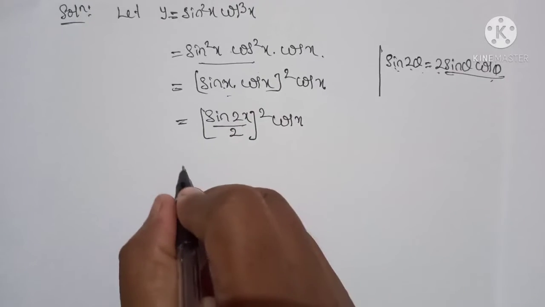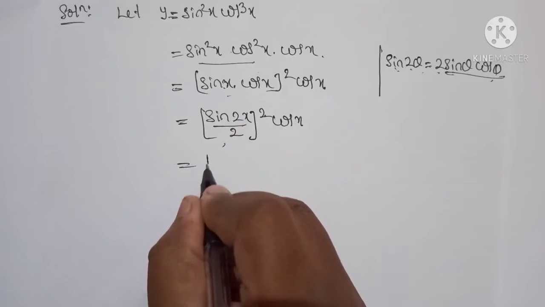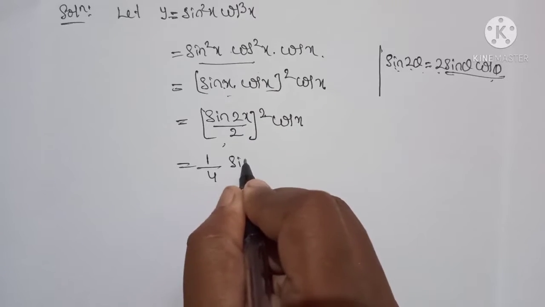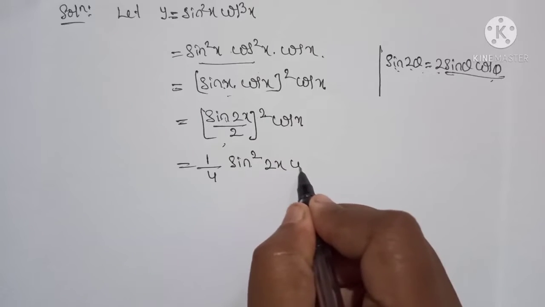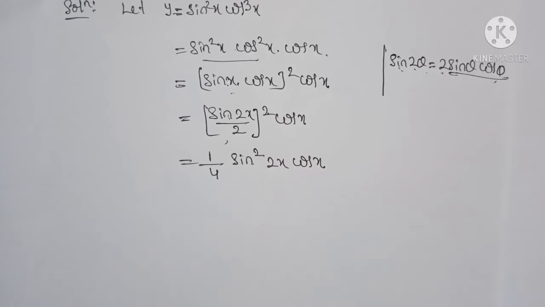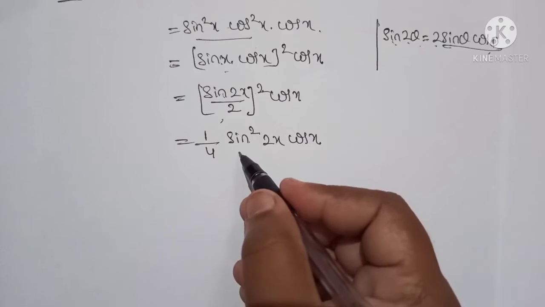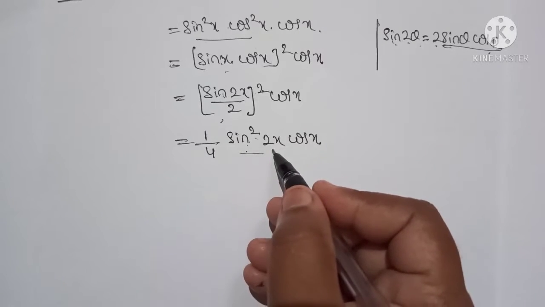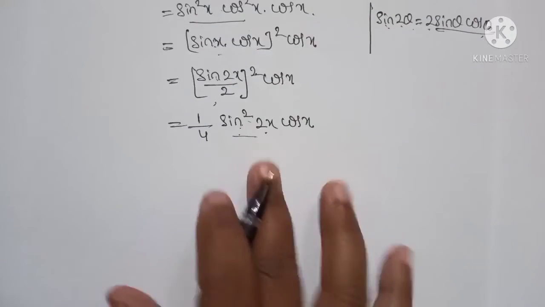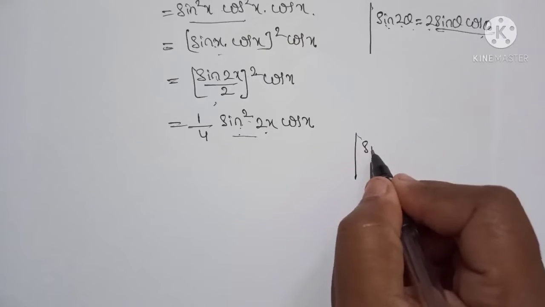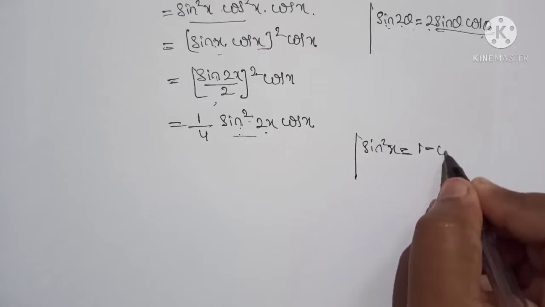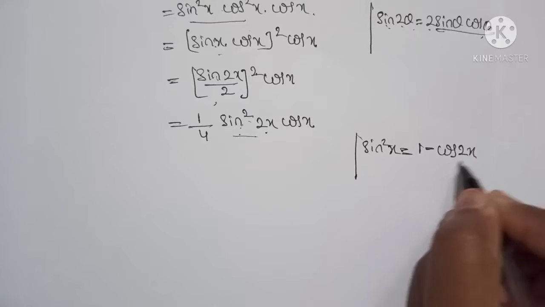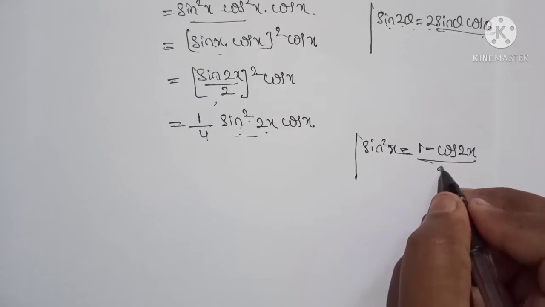Now 1 by 4 sin square 2x cos x. Again we apply the formula for sin square theta, which is equal to (1 minus cos 2 theta) divided by 2.